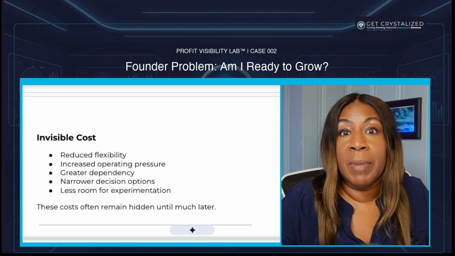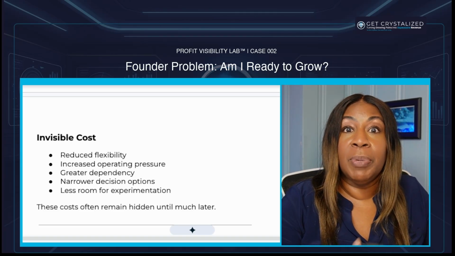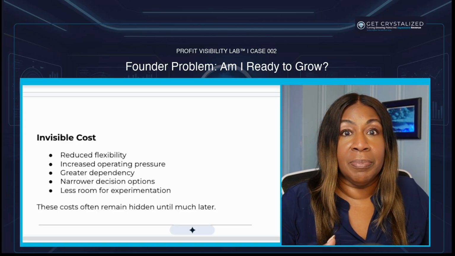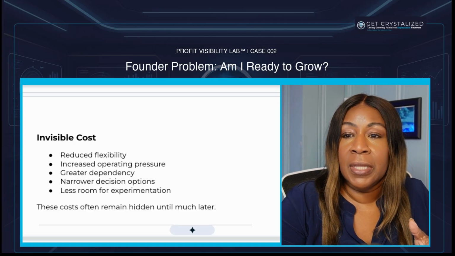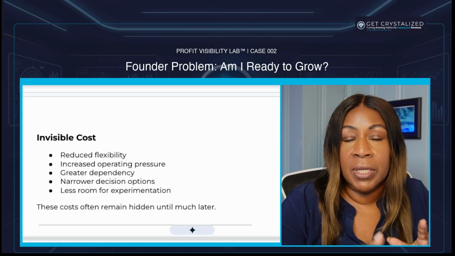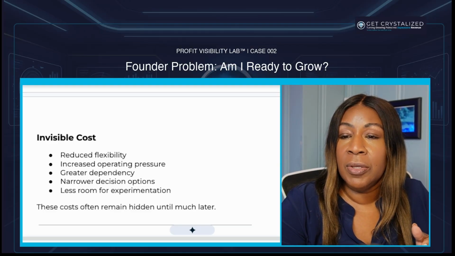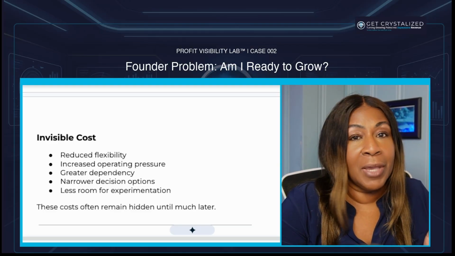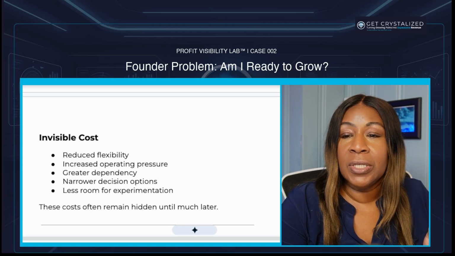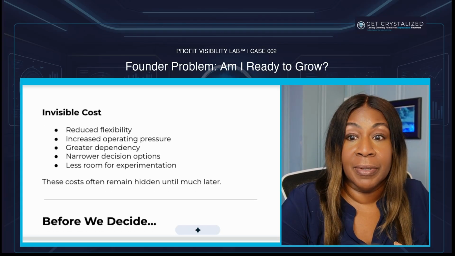How is that going to affect my existing operations? Increased operating pressure, greater dependency. The bigger the client, the bigger the dependency. And narrower room for decisions, because now you have to account for something new that wasn't there before. And less room for experimentation. You can't be as flexible as when you're running things out of your hip pocket. These costs often remain hidden until much, much later.